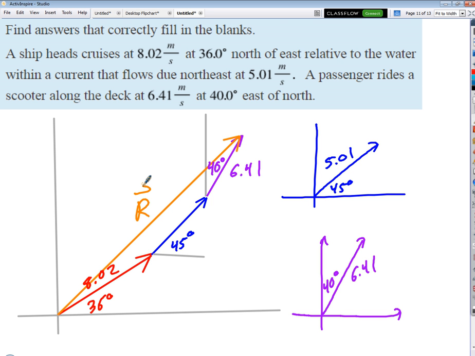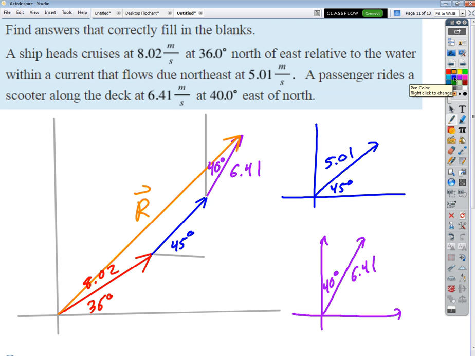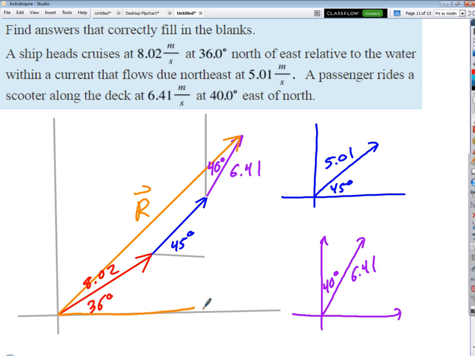What are we going to do instead? We're going to take each vector by itself, break it up into horizontal and vertical components, and then just add those horizontal and vertical components up. The sum of all the horizontal components is going to give me the horizontal component of my resultant vector, and the sum of all the vertical pieces of the vectors, when I add them up, becomes the vertical component.